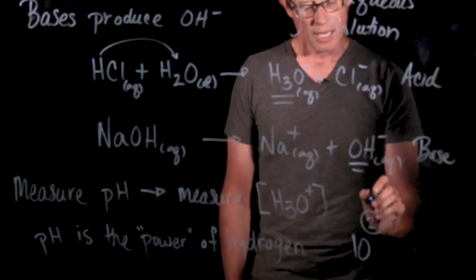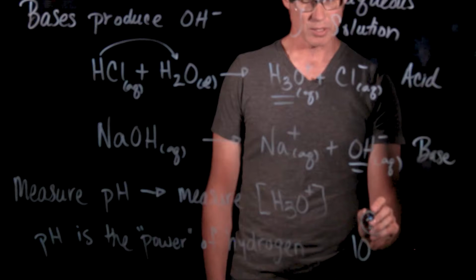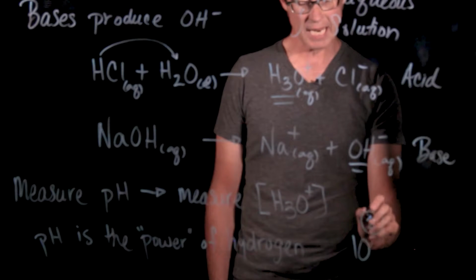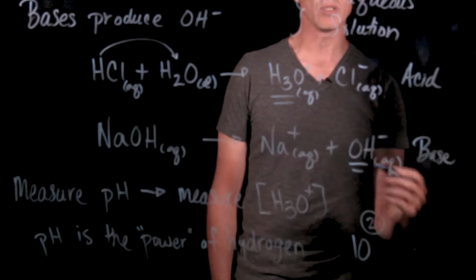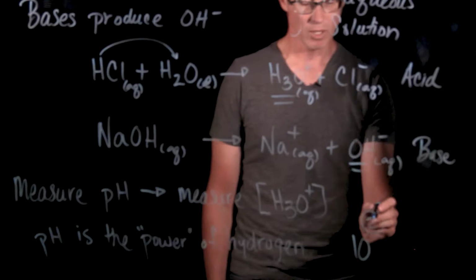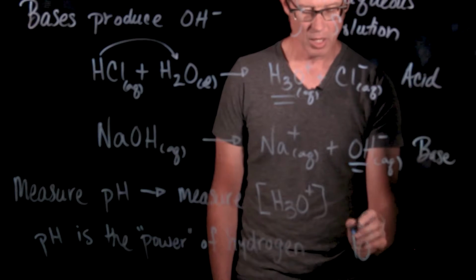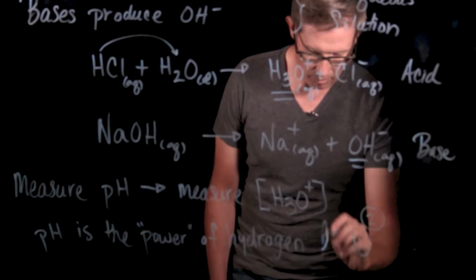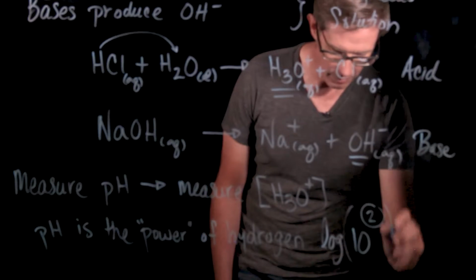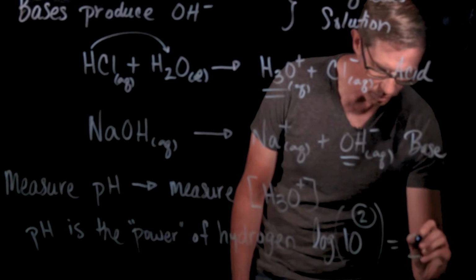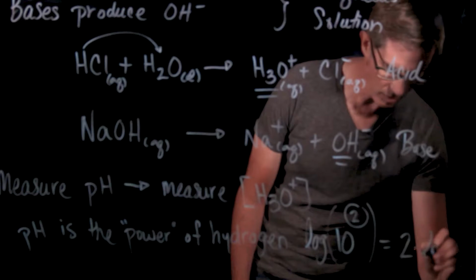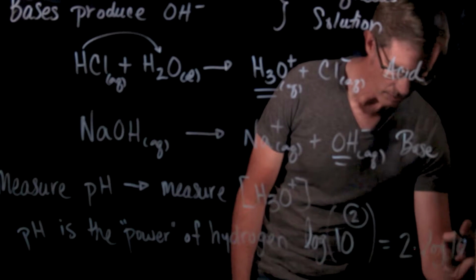Now, it's difficult to deal with powers, so we need to get this power down from the exponent. And the way we do that is through logarithms. So to extract that power, I would take the log of this. And this would give me 2, which is bringing it down, times the log of 10.